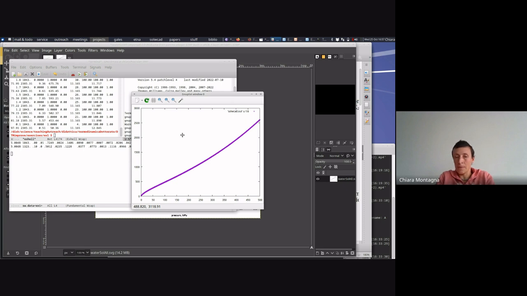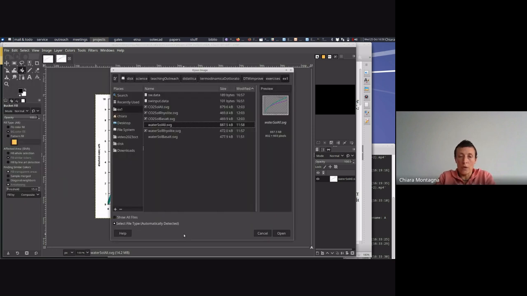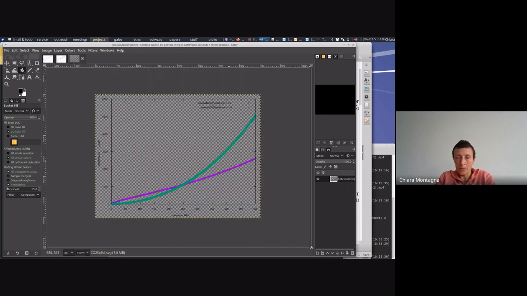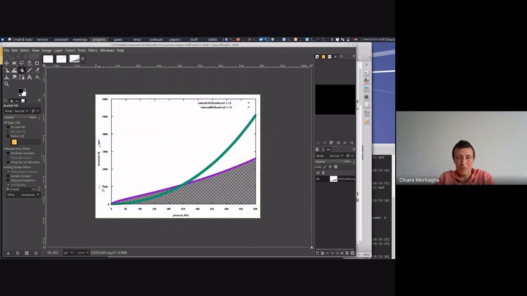And here it is. You see that, of course, CO2 is much less soluble. It's much more in the fluid phase. If you look at the CO2 solubilities for both, you see that the values are much smaller.